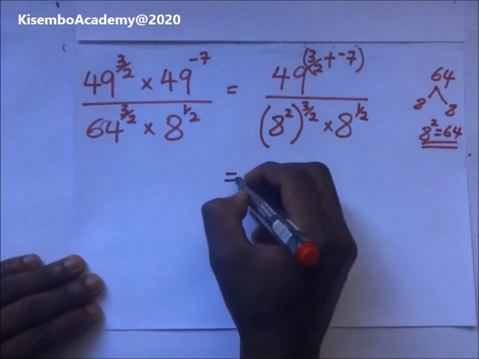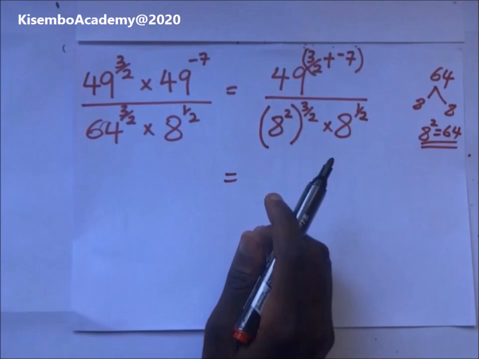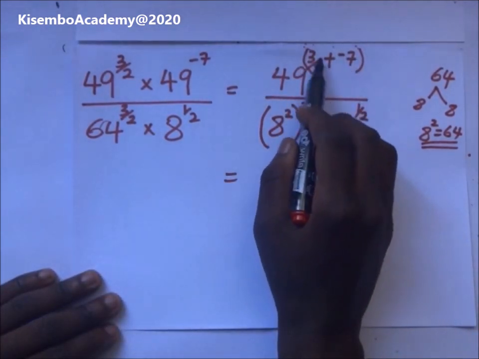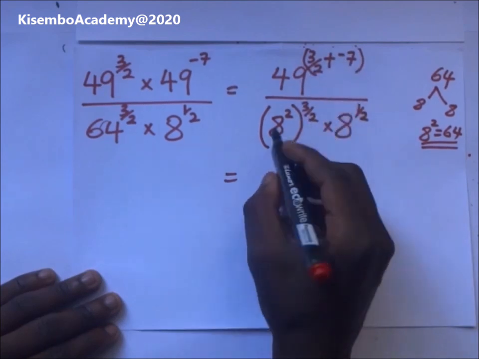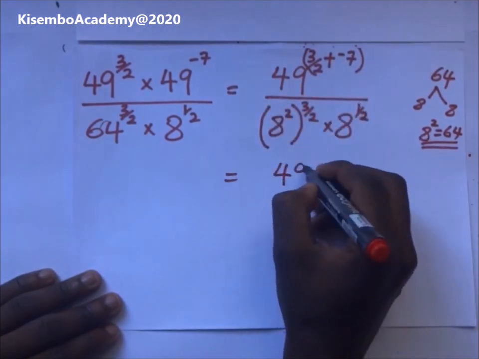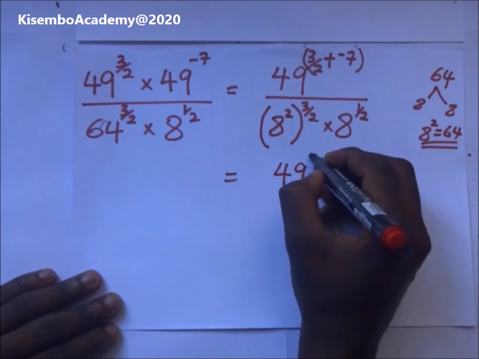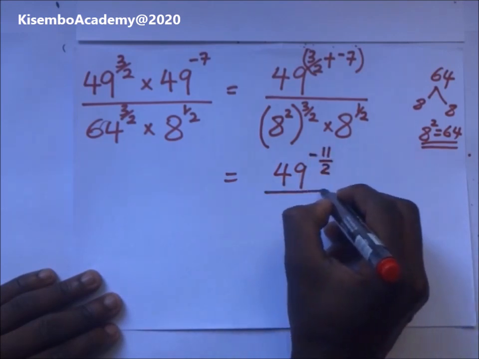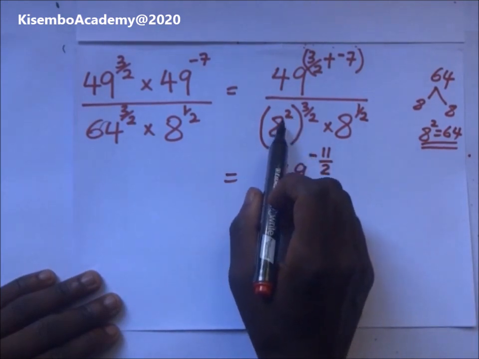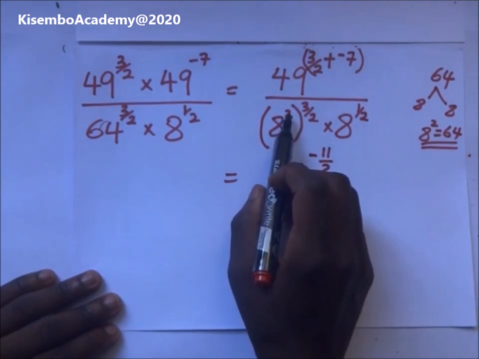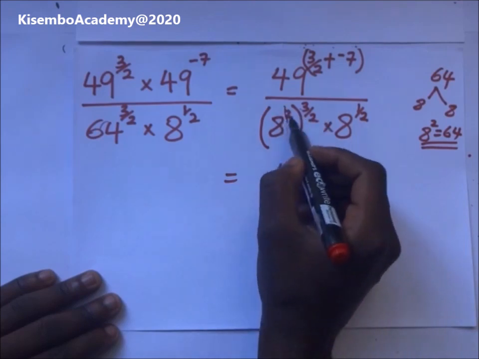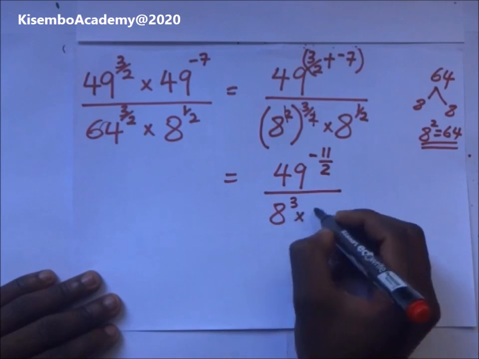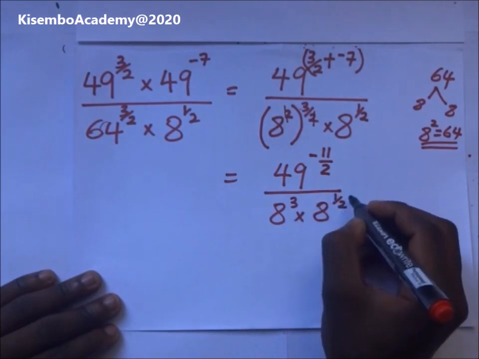So you shall end up with 49 to the power 3 over 2 plus minus 7, which is the same as 3 over 2 minus 7, and this is going to give us 49 to the power negative 11 over 2. Divide all that by, now of course here 8 squared, 2 times 3 over 2, this 2 and that 2 will cancel, you remain with 8 to the power 3 times 8 to the power a half.